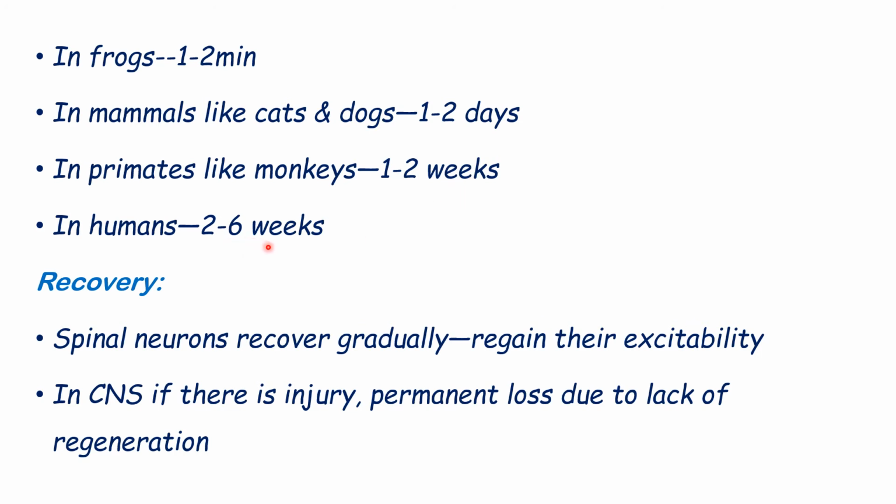Now the recovery occurs after a variable duration. As I told you, it depends upon the duration, and it also depends upon the support given to the patient. In a human being with spinal injury, we have to maintain the respiration, the cardiovascular system, and the posture, and keep on changing his posture.